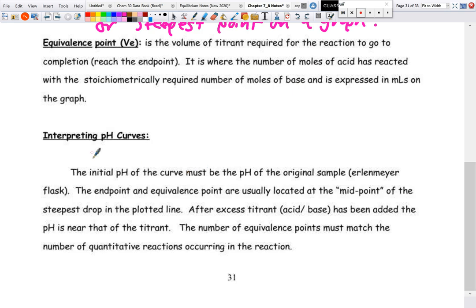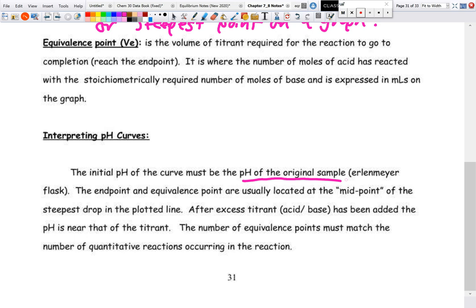Now when we are interpreting our pH curves, there are only a few small things we actually get from this. One of them is the pH of the original sample. If you had a pH meter stuck inside the Erlenmeyer flask, even before you added any titrant, whatever reading that pH meter gave would be the pH of our original sample. If it's below 7, we know our sample is acidic.